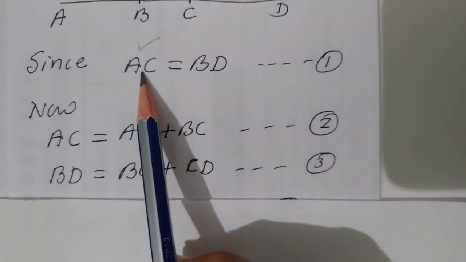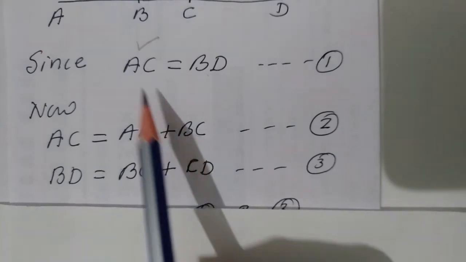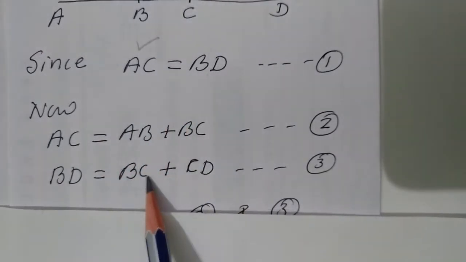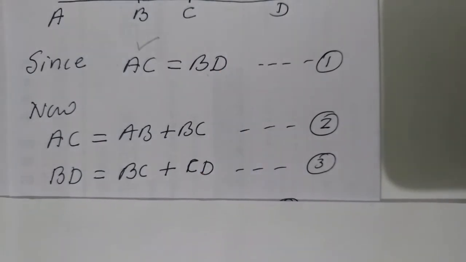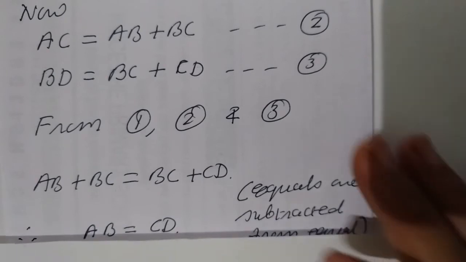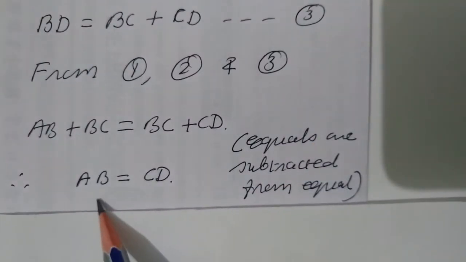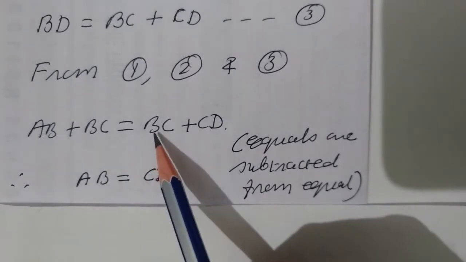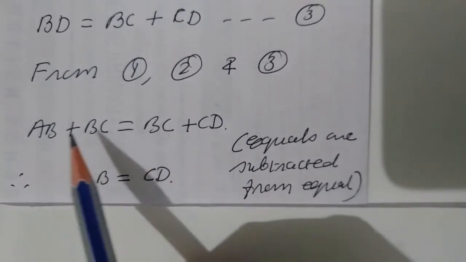Now children, this AC we replace by AB plus BC here, and this BD we will replace by BC plus CD here. Okay, AB plus BC equal to BC plus CD. Now children, finally we got AB equal to CD. What is the reason? Now this BC and this BC we subtract from both the sides.